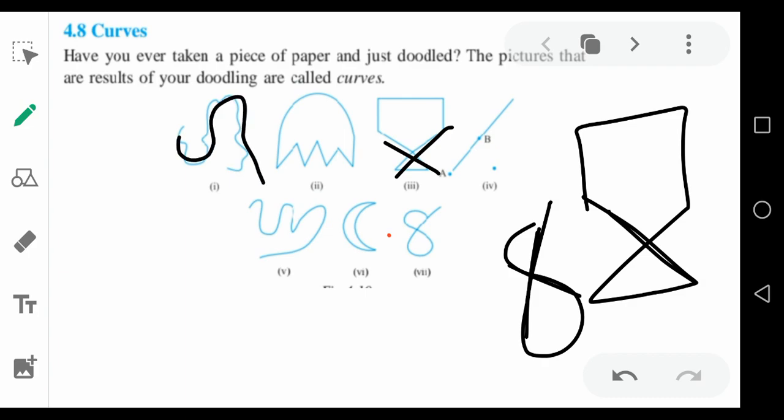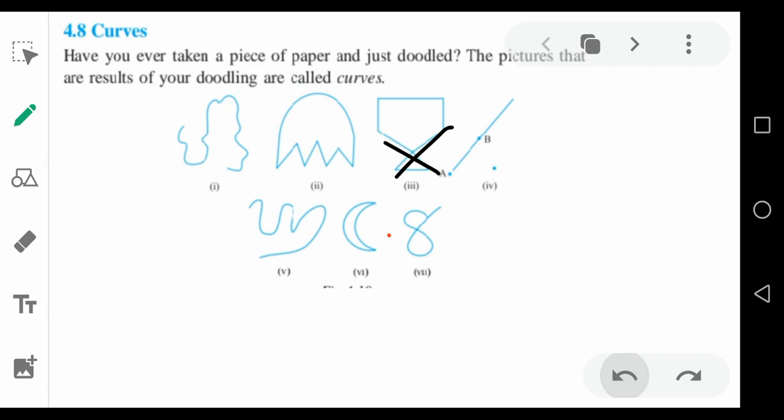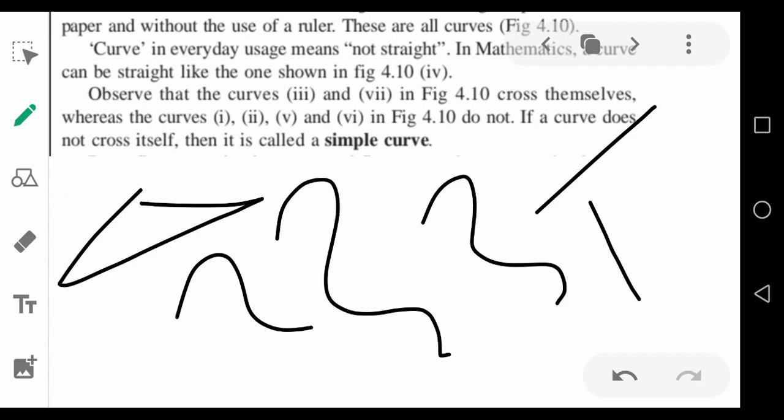This is also not crossing. Crossing means it should go like this. So the curves 3 and 7 cross themselves, whereas 1, 2, 4, 6 are not crossing.